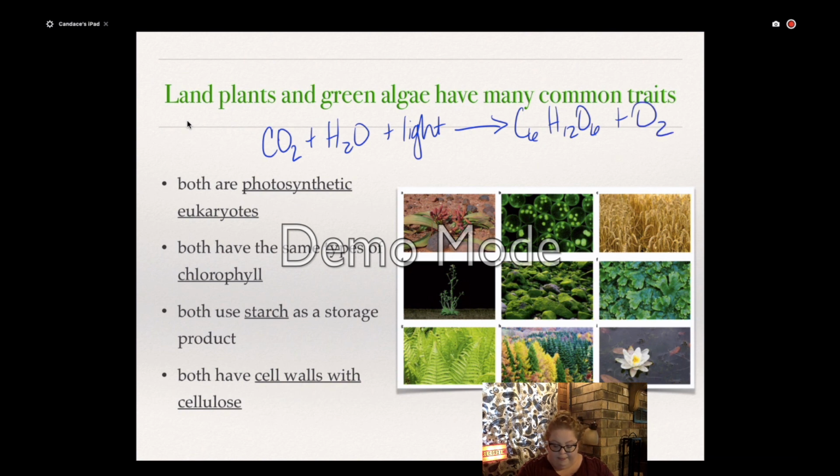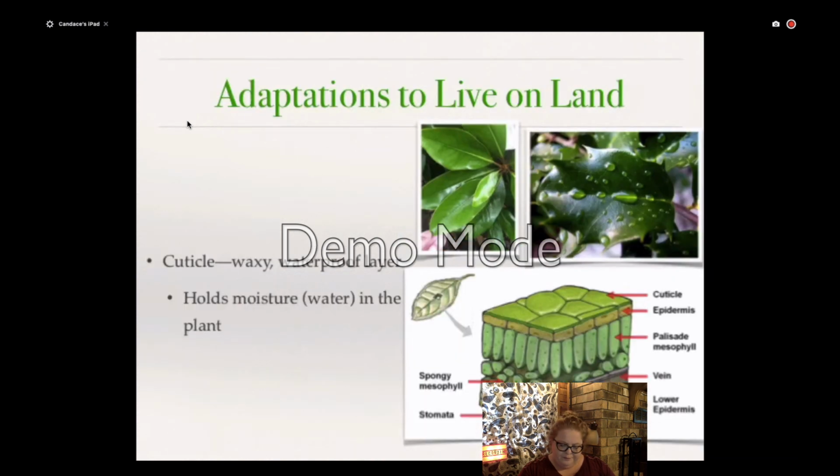And so that process is going to happen in algae and land plants. They have the same types of chlorophyll, which is the pigment that allows them to carry out photosynthesis. They both use different types of carbohydrates in the form of starch to store those products. That glucose product is converted into more complex carbohydrates for storage. And then they both also have cell walls that are made out of the carbohydrate cellulose. So that's the ways that they're similar.